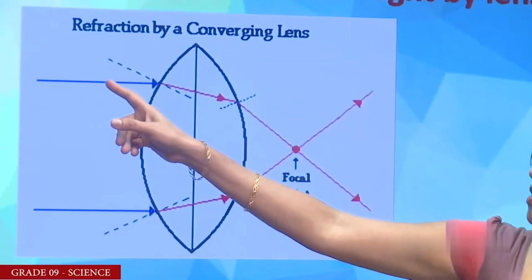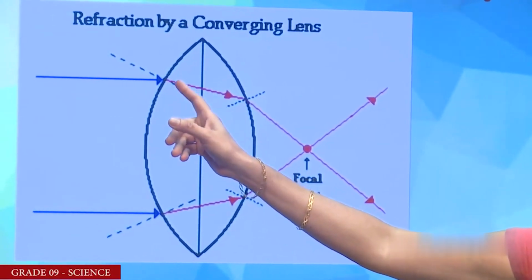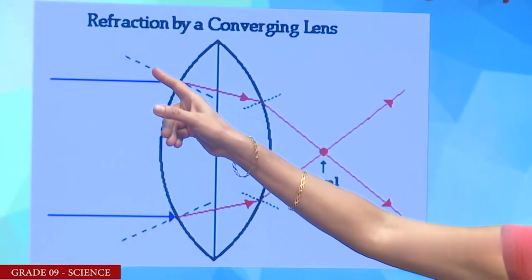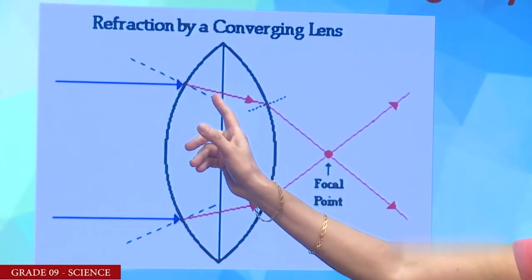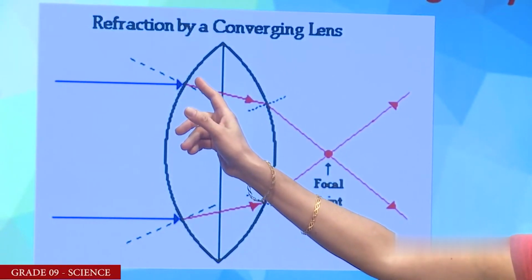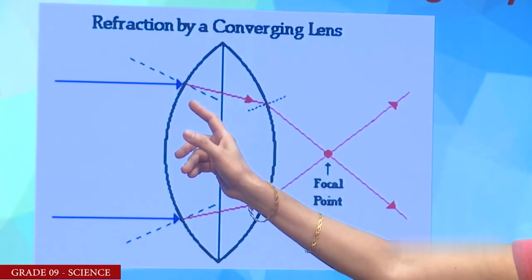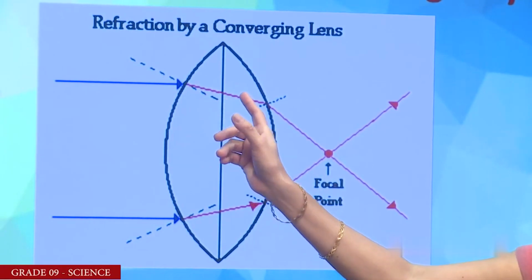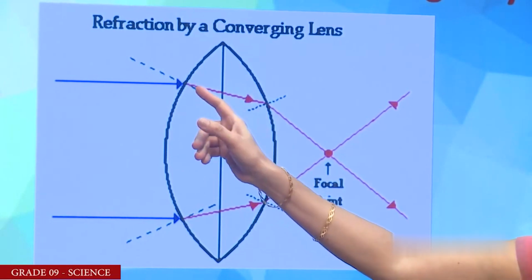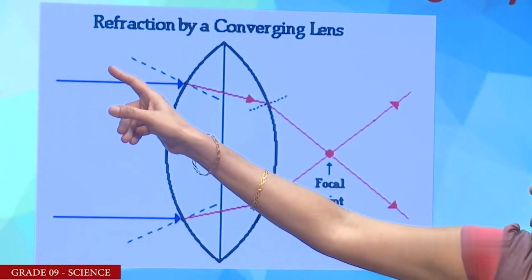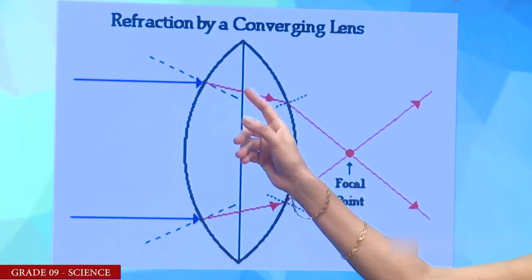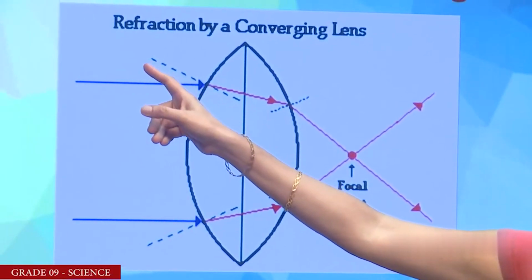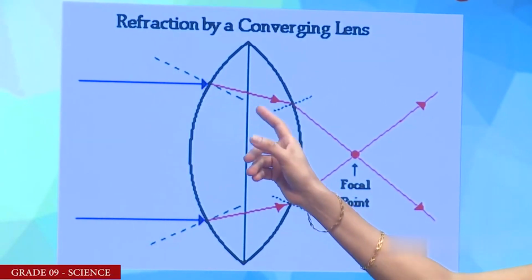Here is the ray of light falling on this surface, and this is the normal line that has been drawn at this point of incidence to this surface. So, you can see the light ray is bending towards the normal, because this light ray is coming from air to glass. So, this is the rarer medium and this is the denser medium.